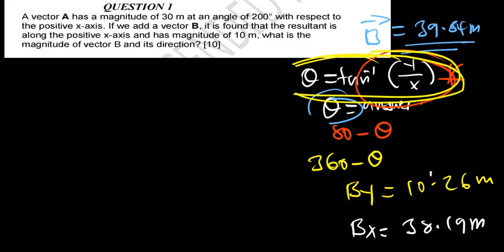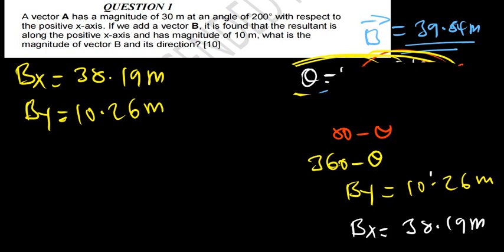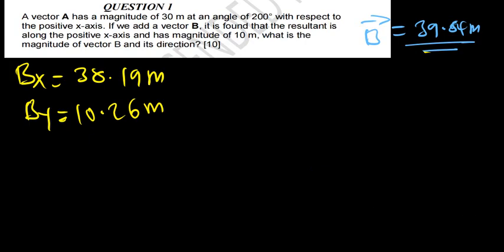Vector b has got an x component of 38.9 and a y component of 10.26 meters. Who can tell me, before we even solve, where do we expect this angle to be? Is it in the first quadrant, second quadrant, third quadrant, or fourth quadrant? Let's see. Where do we expect it to be?